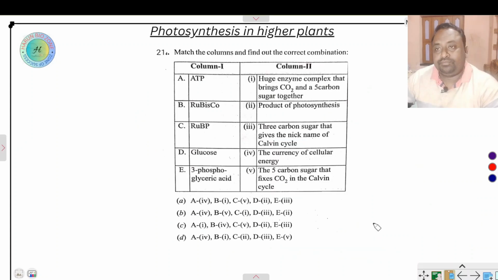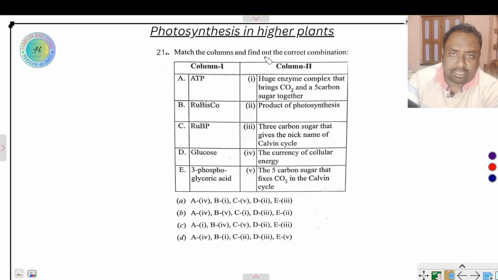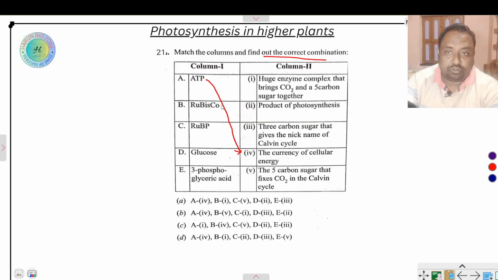Next question, match the column and find out the correct combination. The ATP is the cellular energy currency. Rubisco is a huge enzyme complex that brings CO2 and 5 carbon sugar together, Rubisco meaning ribulose bisphosphate carboxylase.